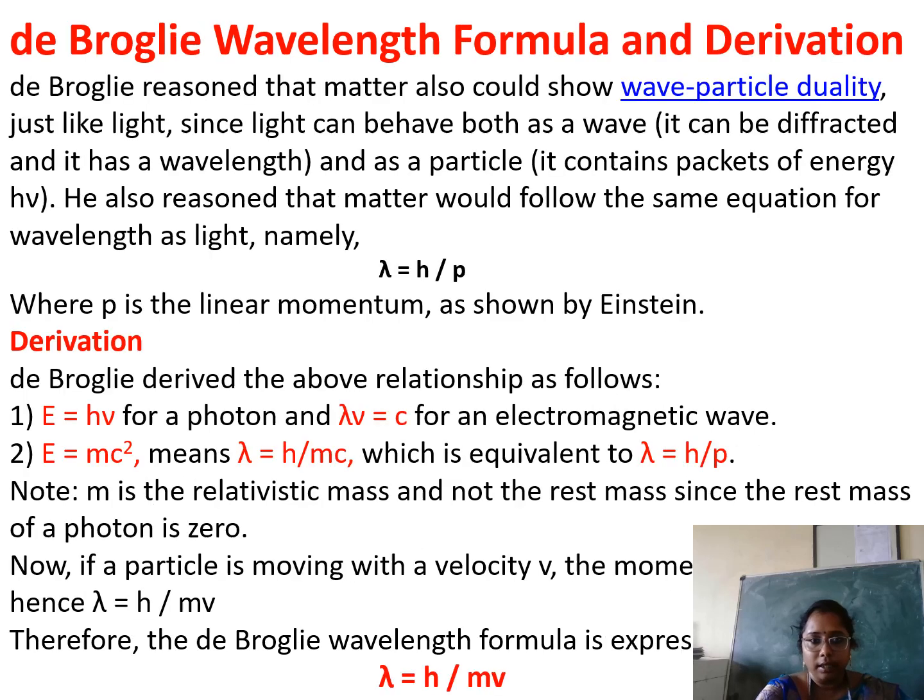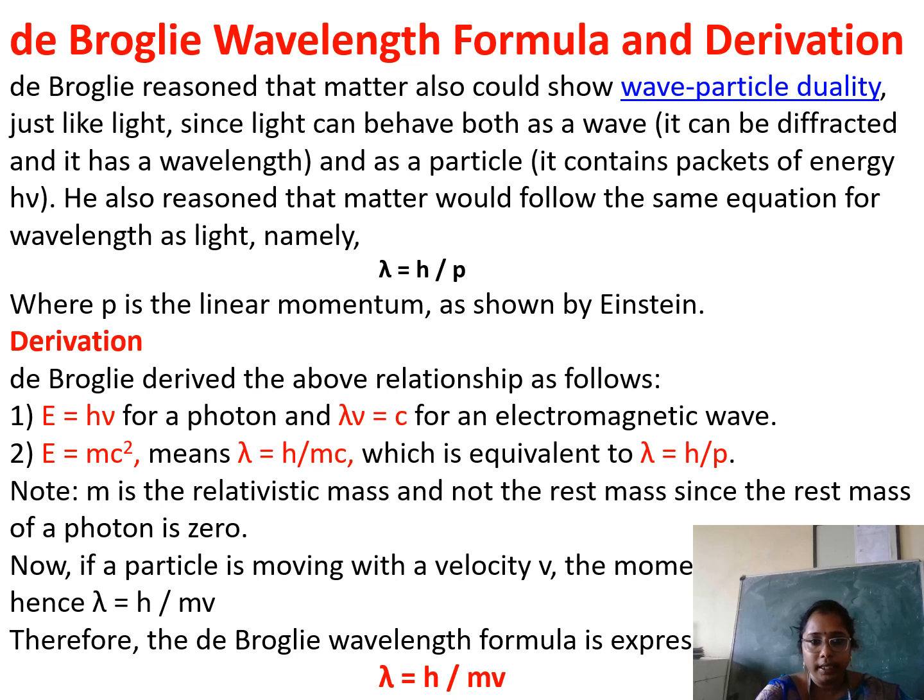So here, the concept of de Broglie wavelength and formula derivation. As we know, every moving particle is associated with a wave, called de Broglie waves or matter waves. De Broglie derived the wavelength by using Planck's quantum theory of radiation and Einstein's energy mass relation.